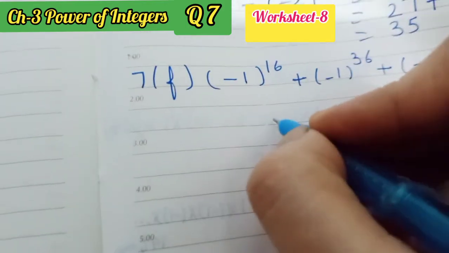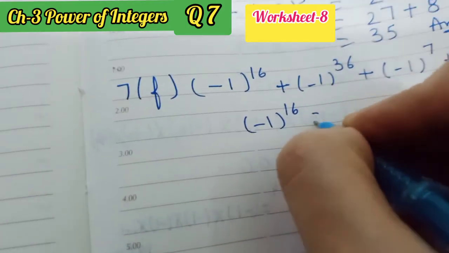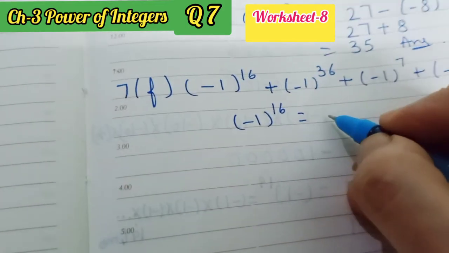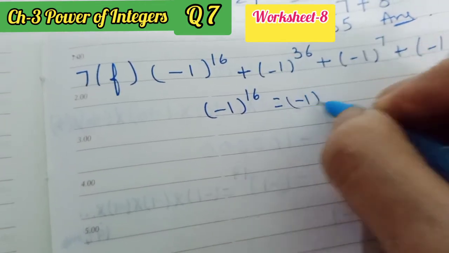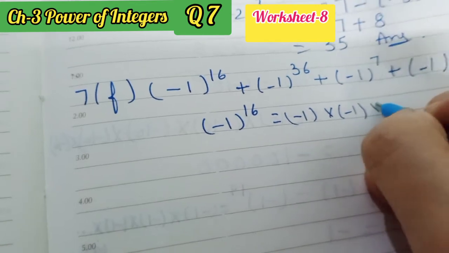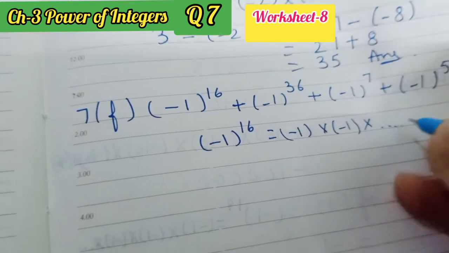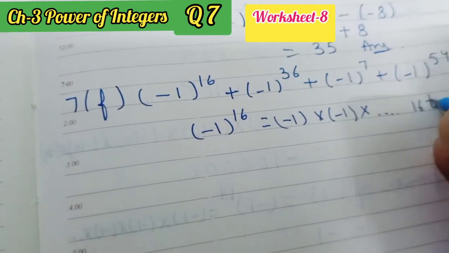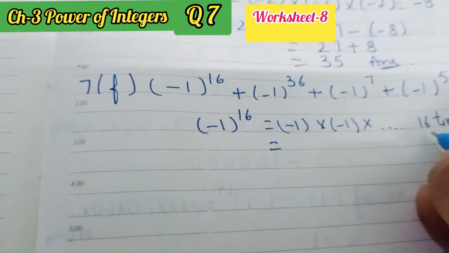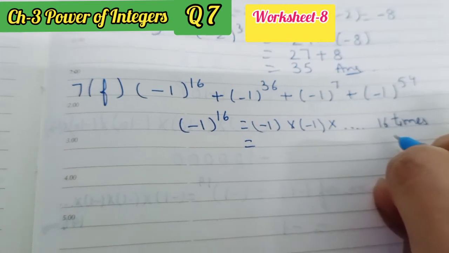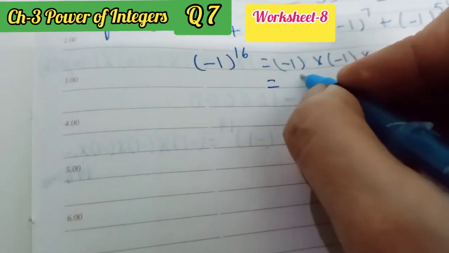Minus 1 raised to power 16 means minus 1 is multiplied by itself 16 times. Minus 1 multiply minus 1 up to 16 times, and when power is even, we get positive 1.